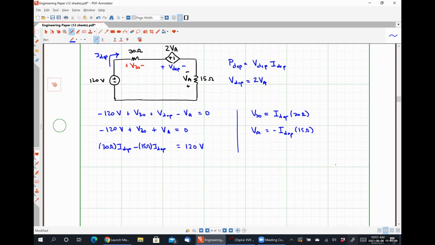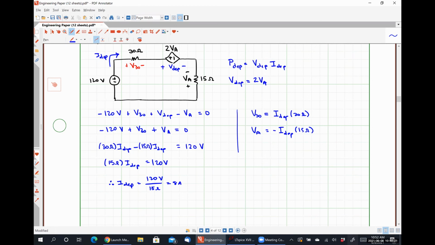And I can group like terms, right? So 30 minus 15 gives me 15 ohms times I dependent is equal to 120 volts, which means I dependent is 120 volts over 15 ohms, is 8 amps.